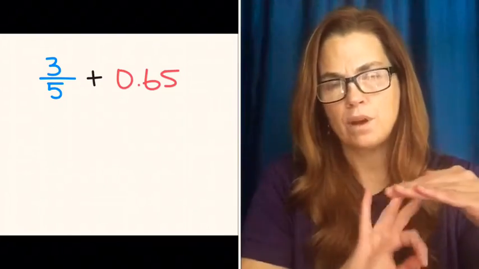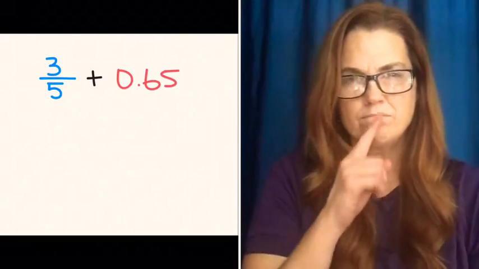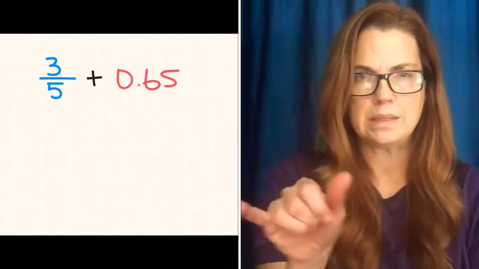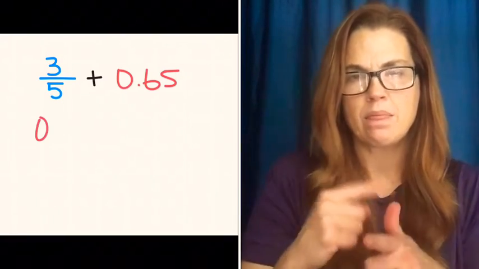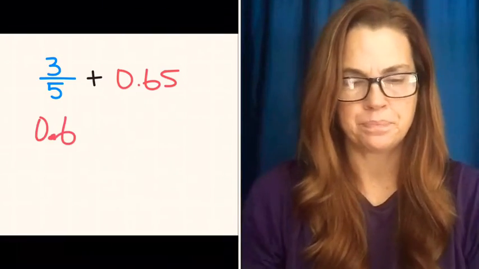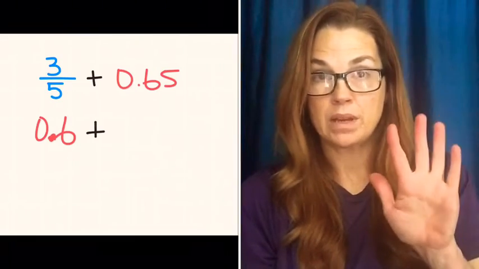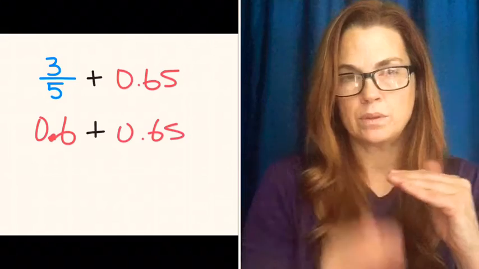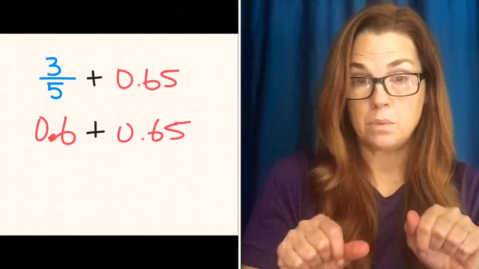I need these two to be written in the same form so that they can, in this case, be added. Now remember, we found that 3/5 was the fraction equivalent to the decimal 0.6. So could we add these two decimals? I think the answer to that question is absolutely yes.